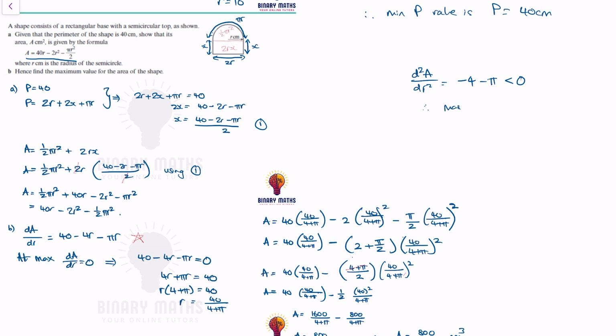Therefore, maximum occurs at R is equal to 40 over 4 plus pi.